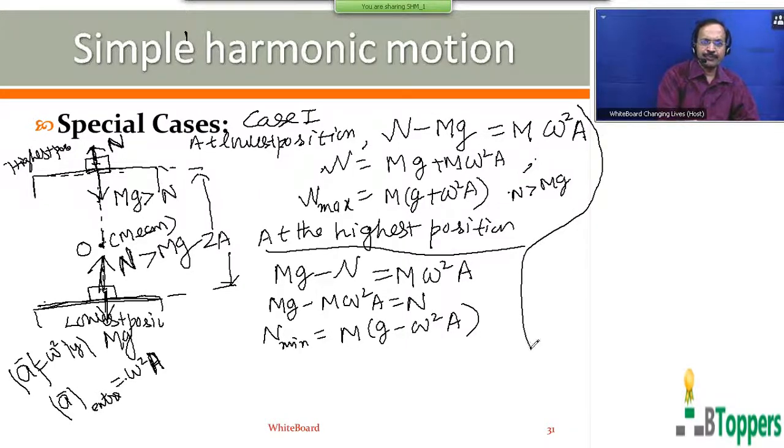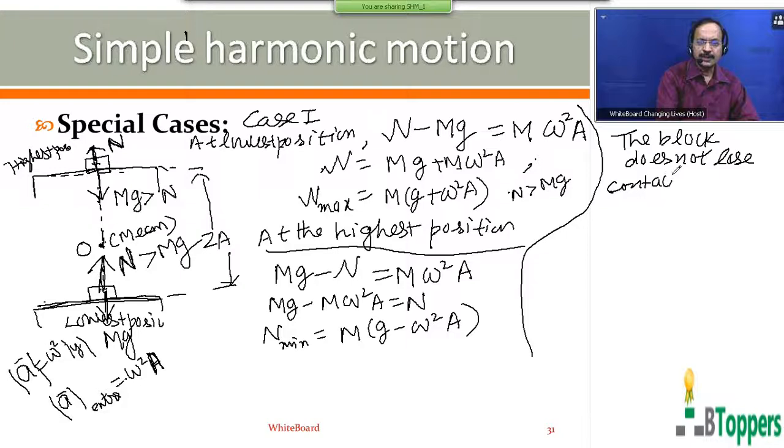So the block oscillates up and down without losing contact. The block does not lose contact with the platform at any instant during the oscillations if the magnitude of the normal reaction is greater than 0 at all the instants.